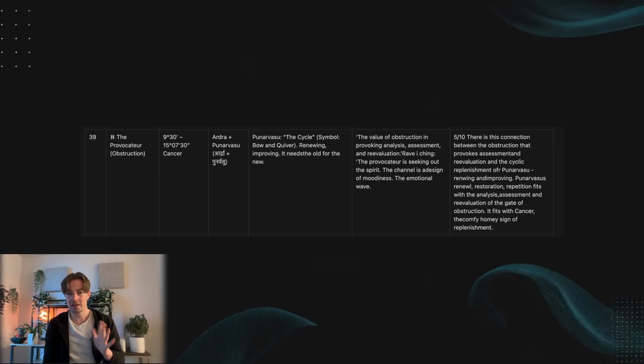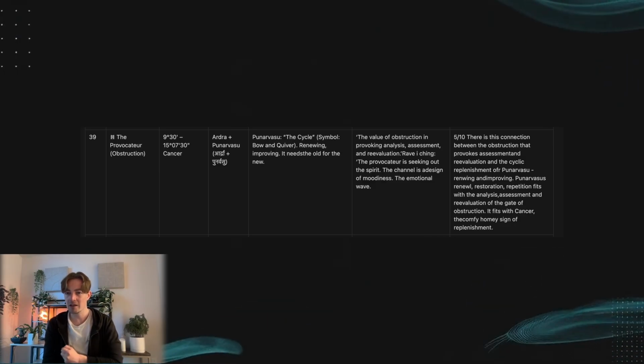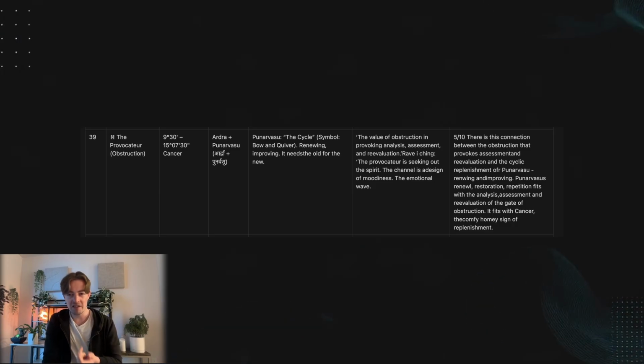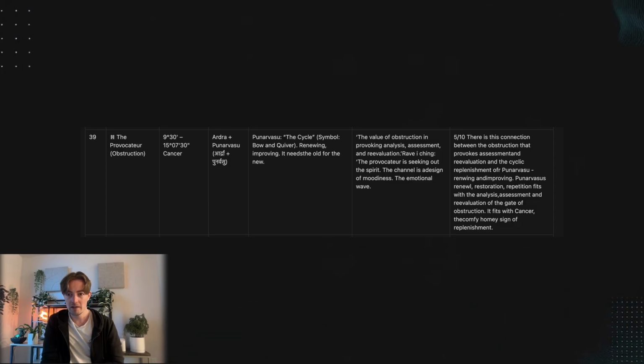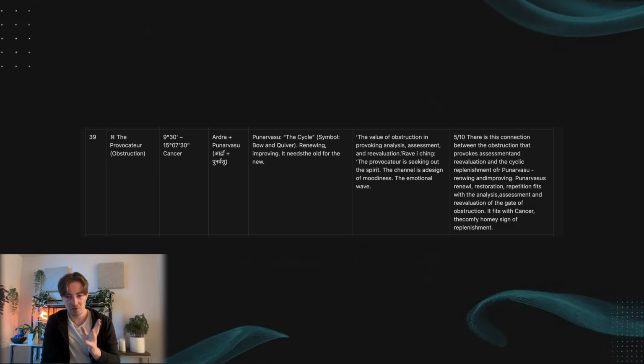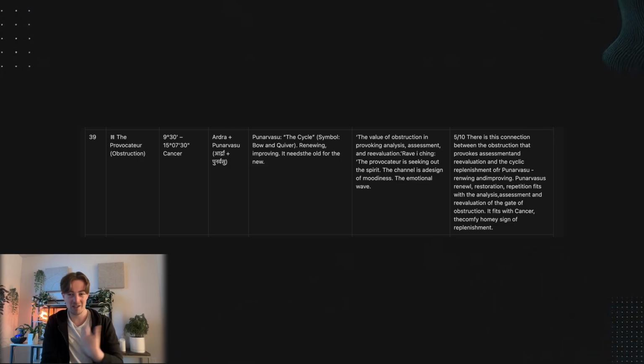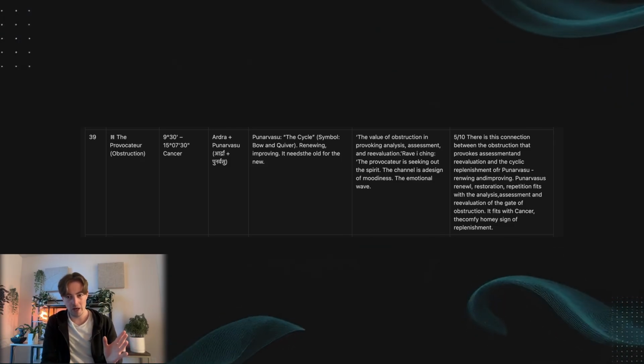So I have to say there's a connection between the obstruction that provokes assessment and the reevaluation of the cyclic replenishment of Punarvasu, of this renewing and improving. So Punarvasu's renewal, the restoration and the repetition sort of fits with the assessment and reevaluation of the gate of obstruction, but that's a real stretch.